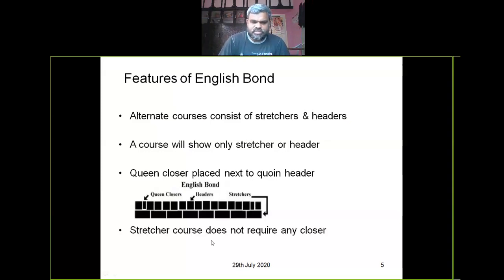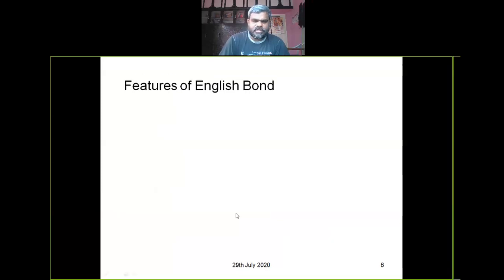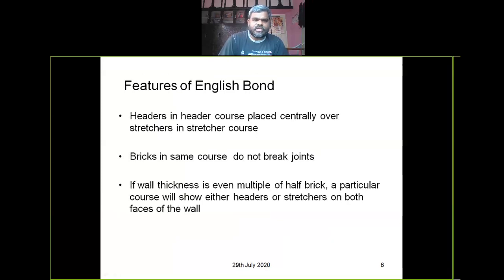The stretcher course does not require any closer, but the header course requires a queen closer, right? Headers in the header course are placed centrally over the stretchers in the stretcher course. Bricks in the same course do not break joints.